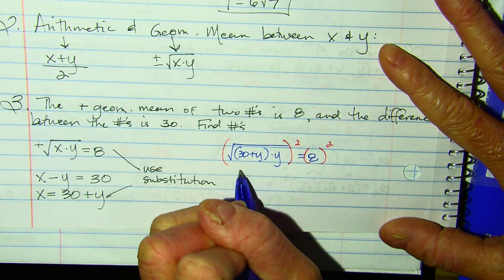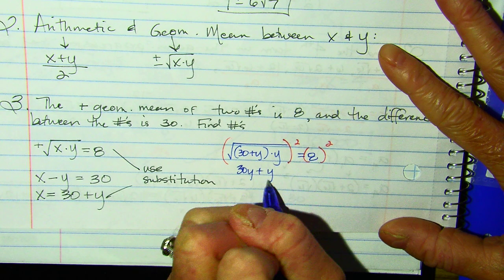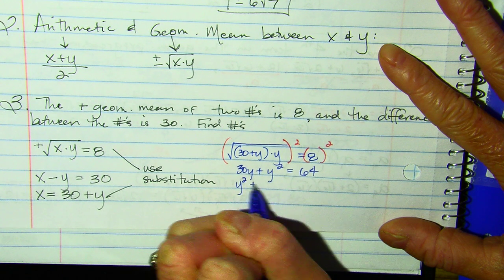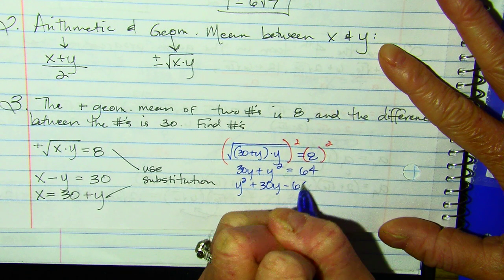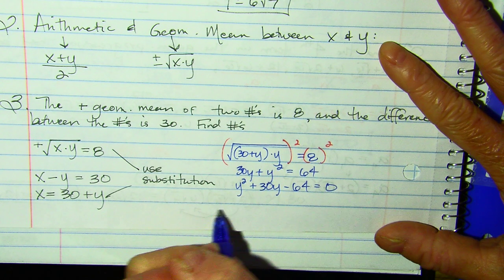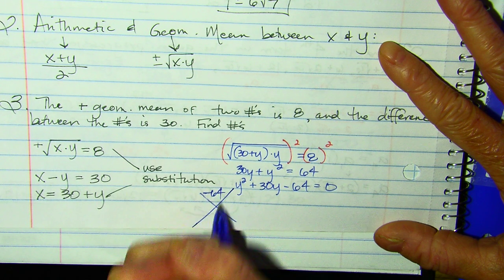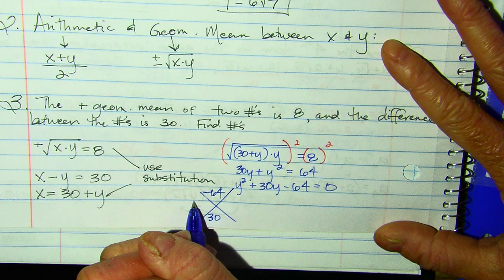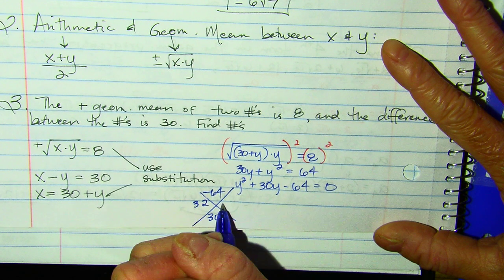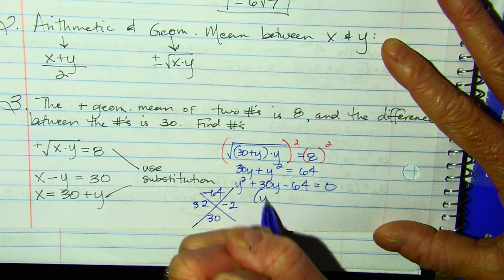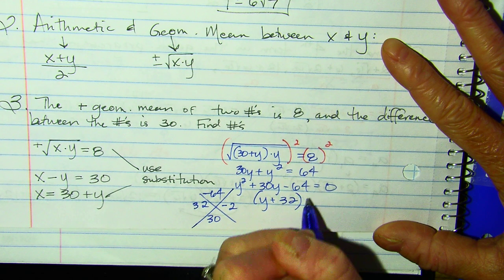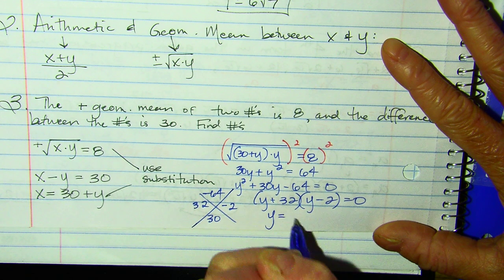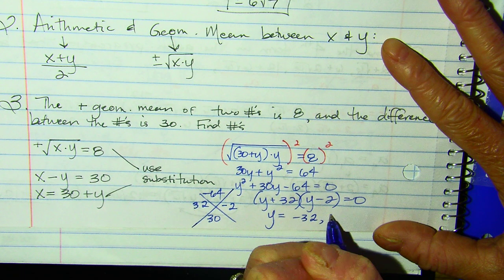I'm going to distribute this, 30y plus y squared equals 64. So y squared plus 30y minus 64 equals 0. I'm going to factor negative 64 and 30. That would be 32 times negative 2. So y plus 32, y minus 2 equals 0. So y could equal negative 32 and positive 2.